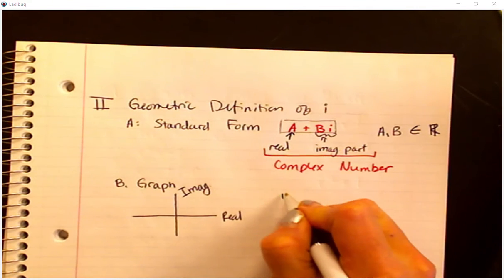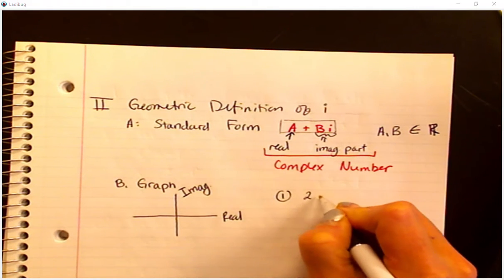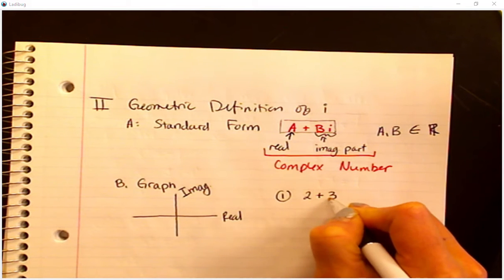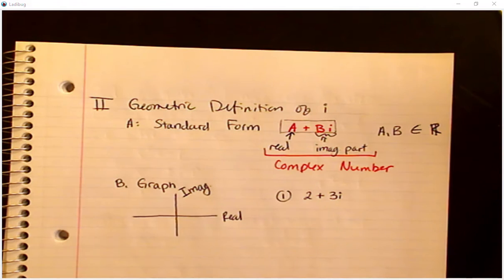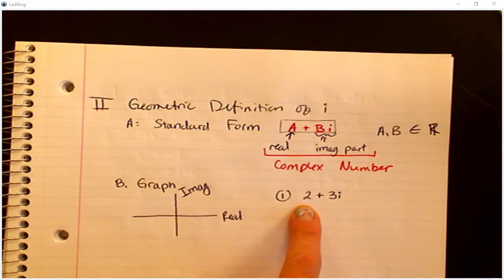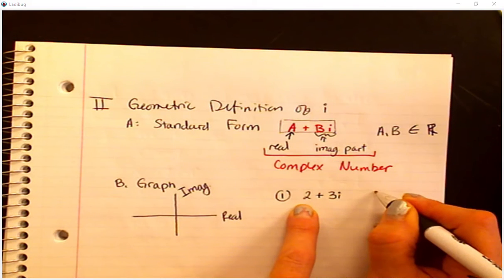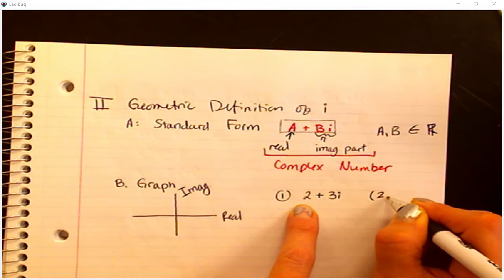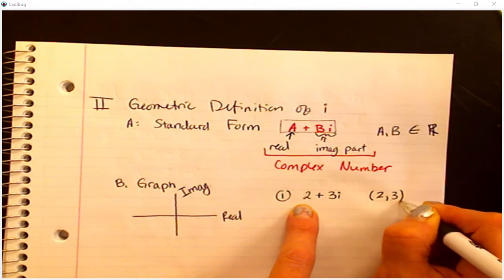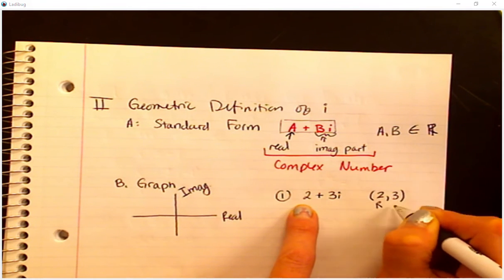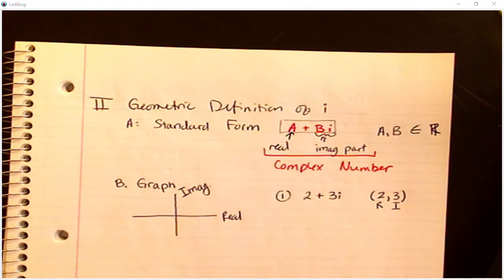Okay? So my first example is 2 plus 3i. Where would that go on the graph? Well, the real part is 2. So I'm going to put this like a coordinate pair: (2, 3). This is the real part. This is the imaginary part.